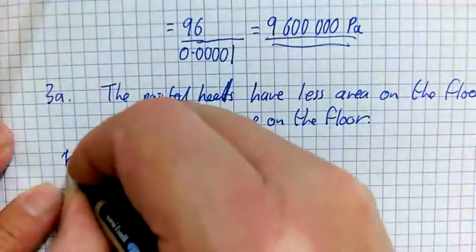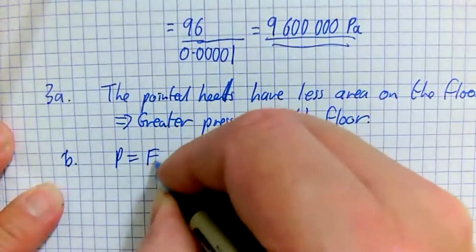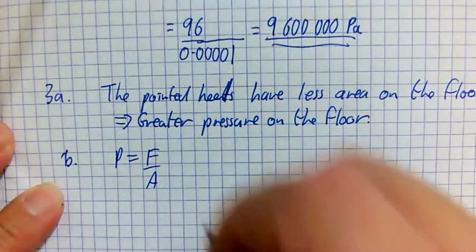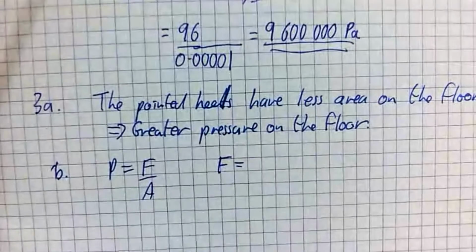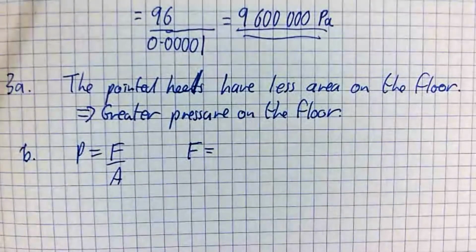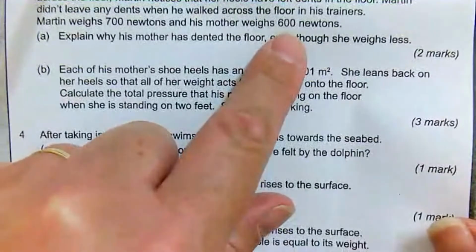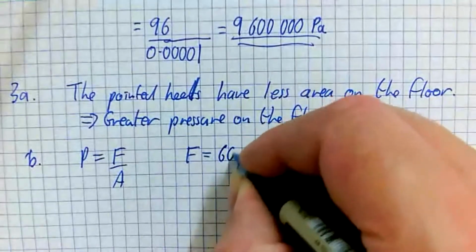So the first part is to start with the formula. Pressure is force over area. So the force is going to be the mother's weight. Remember, when you measured your pressure on the floor, you calculated your weight from your mass. But here, you're given the weight straight away, 600 newtons. So the force is 600 newtons.